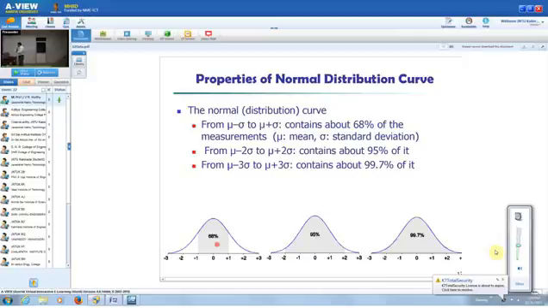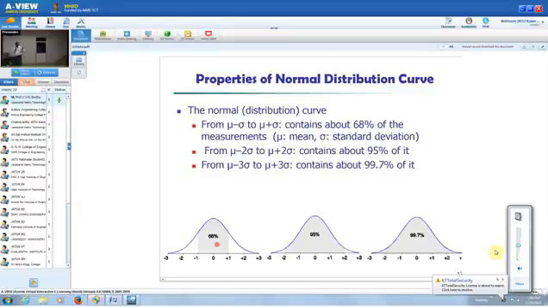total population. So what is the interpretation of this? In any normal distribution curve, generally, the majority of the people are at the average level. That is the implication.